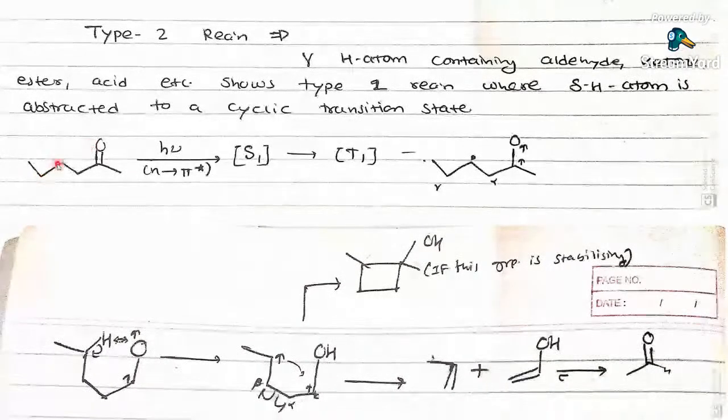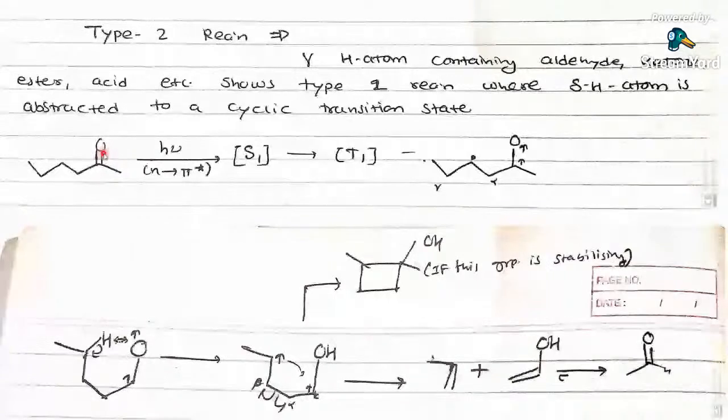Here, the molecule has a C double bond O group, so an n to pi star transition will take place. It will go to the S1 state first, then move towards the T1 state. Now that double bond will form the diradical first. I have written the same structure in this way. Here you can see this is my oxygen atom, with this I should have formed the C double bond O group.